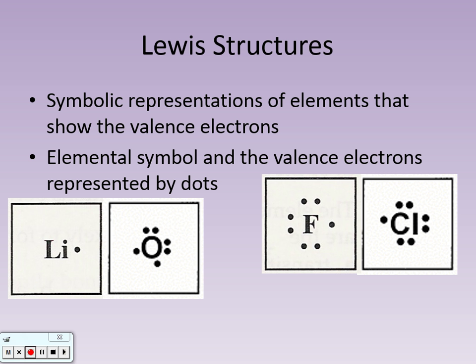We've already established that elements in the same column have the same number of valence electrons. So look at your periodic table. Lithium is in the first column, and when we drew our Lewis structure for lithium, it had 1 valence electron. So every element in column 1 has 1 valence electron.